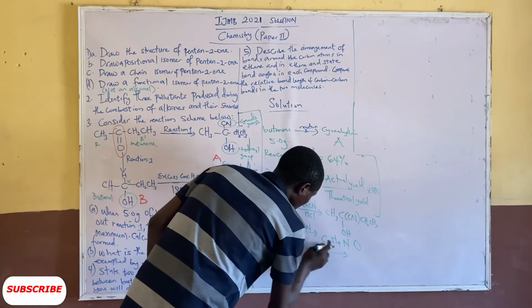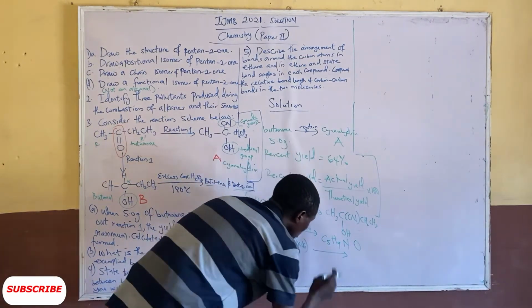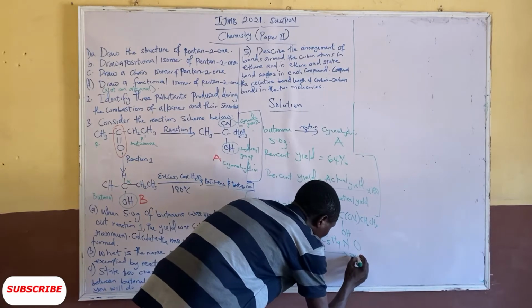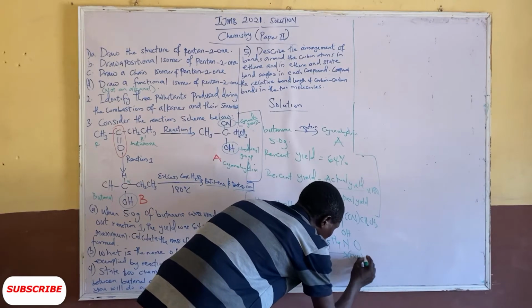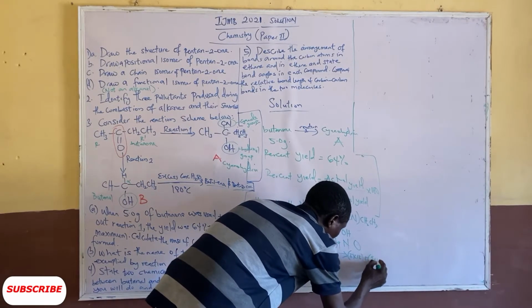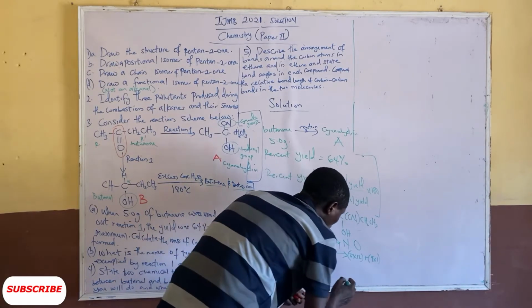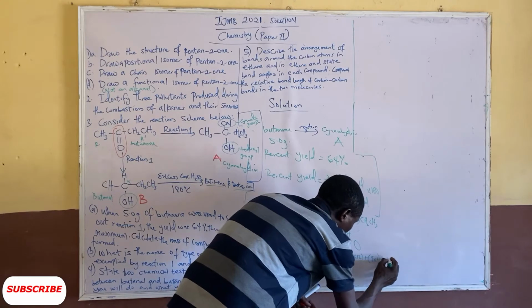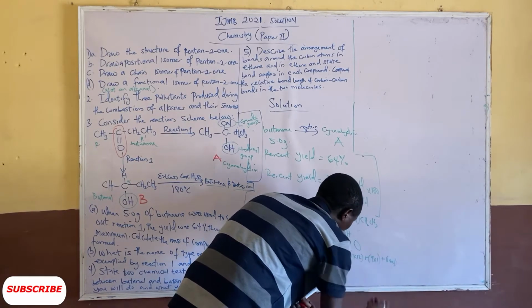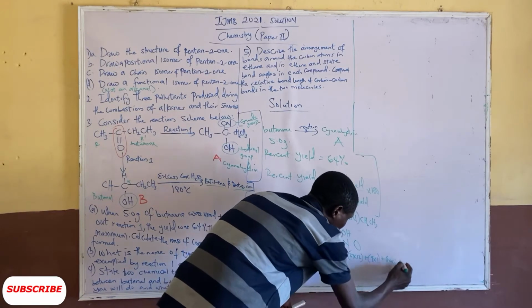Now let's find the molar mass of the other one. It's 5 times 12 plus 9 times 1, the atomic mass of hydrogen, plus 14 times 1 for nitrogen, plus 16.